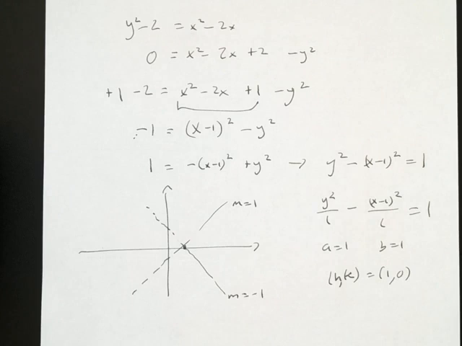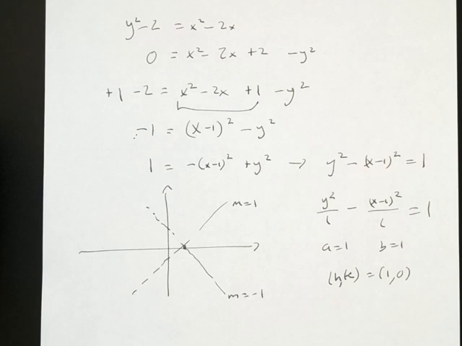Now, the only other question I have is, which direction does this hyperbola go? Does it go up, down, or does it go left, right? Y. Positive fraction is y, so the y part should be what goes up and down.